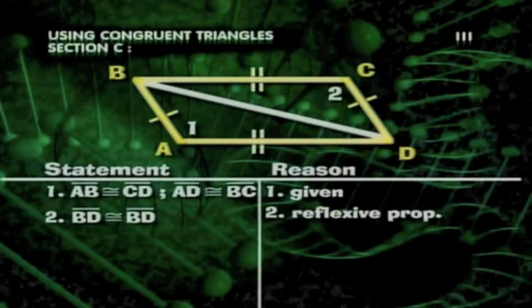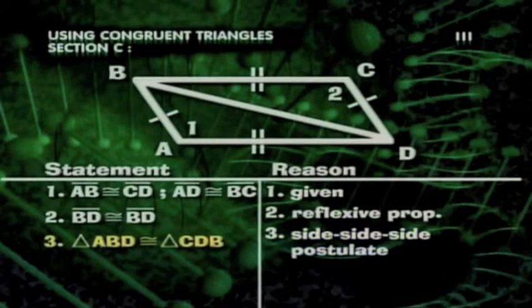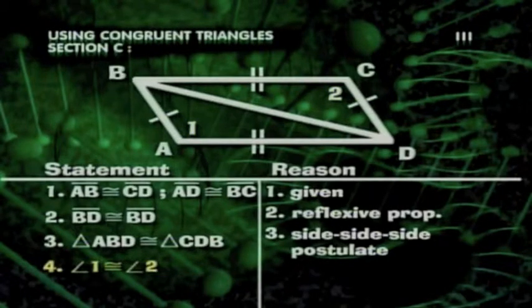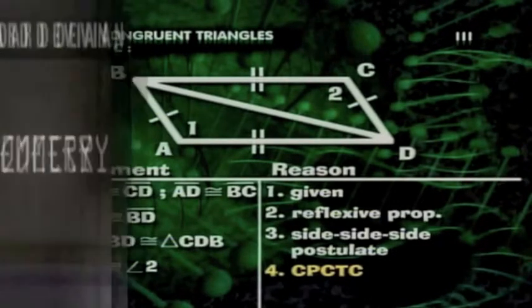With these three pairs of congruent corresponding sides, we can use the side-side-side postulate to conclude that triangles ABD and CDB are congruent. Because angles 1 and 2 correspond, our last step is to state that they're congruent because of CP-CTC. Corresponding parts of congruent triangles are congruent.